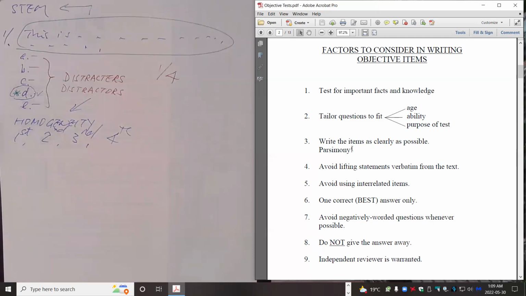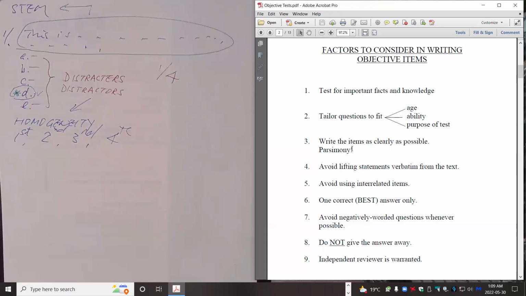Write items as clearly and as simply as possible. Parsimony. So avoid using ambiguous words or difficult words, because it is not an English test of vocabulary.